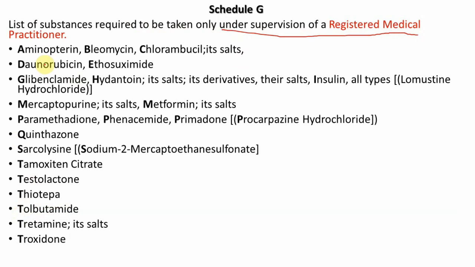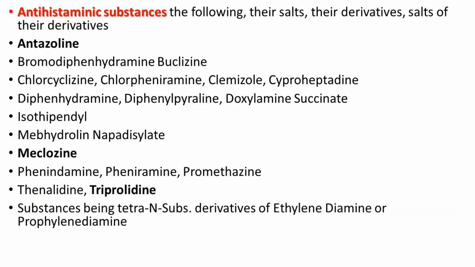These are the examples of Schedule G. Antihistaminic substances, the following, their salts, their derivatives and salts of their derivatives: antazoline, meclizine, substances being tetra and substituted derivatives of ethylene diamine or propylene diamine.